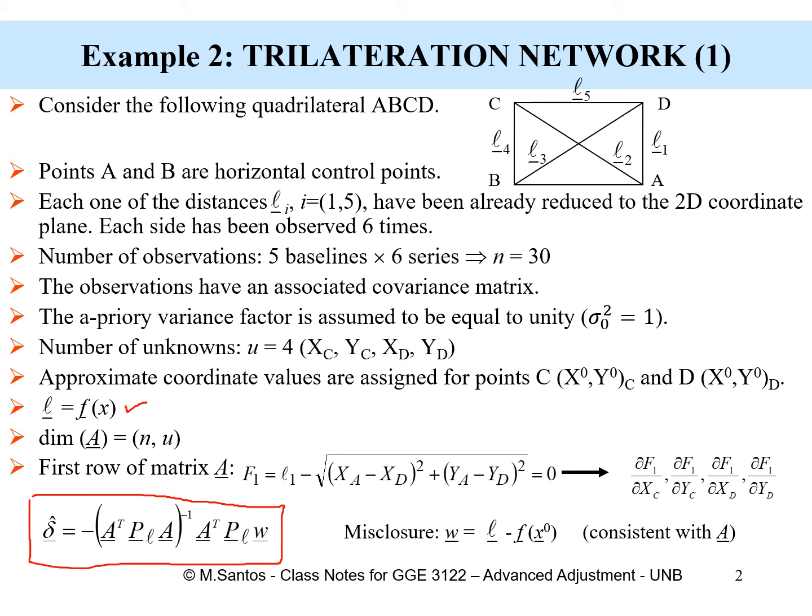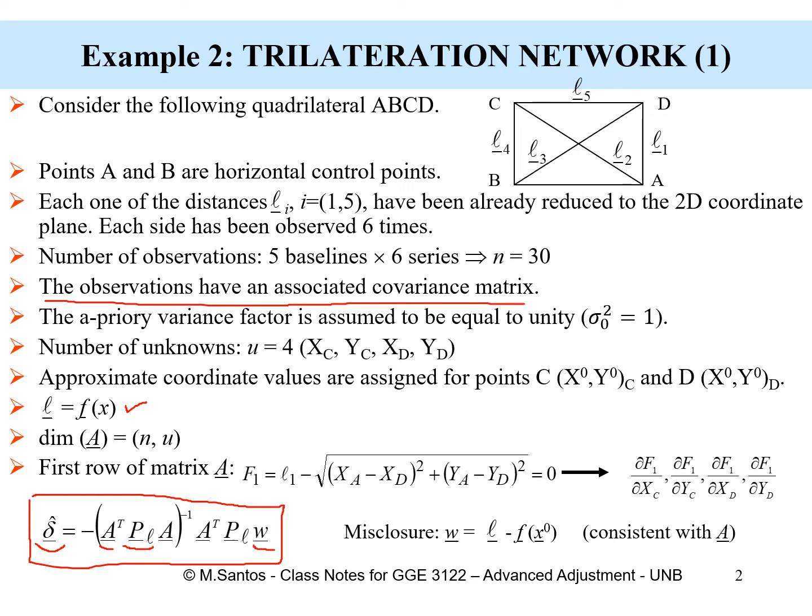This is the nonlinear model, and what we need to solve for the 4 parameters, the least squares correction vector to the coordinates x, y of C and x, y of D, are the design matrix, the weight matrix, that's the inverse of the covariance matrix, which we're going to form based on the specifications of the EDM, and the other array is the misclosure vector.